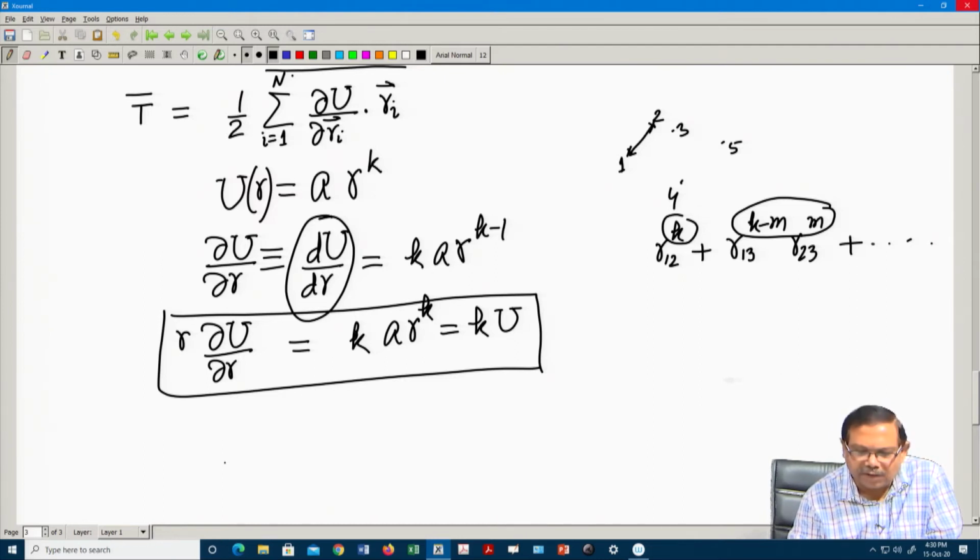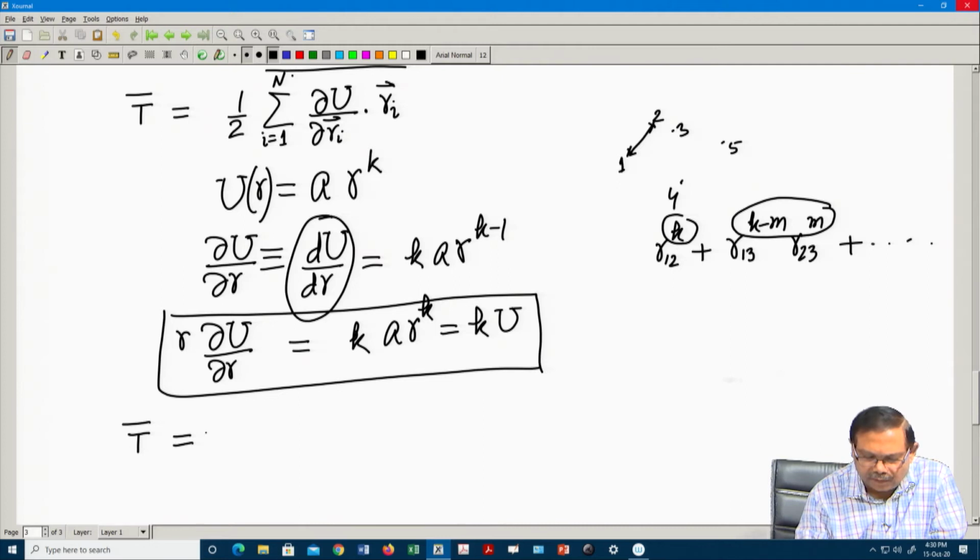So, if that is the case, then the average value of T would be half of, and this is going to give me k times the time average of u.